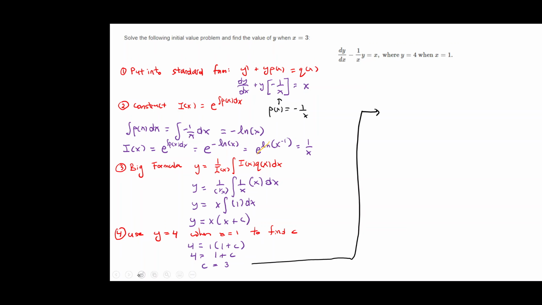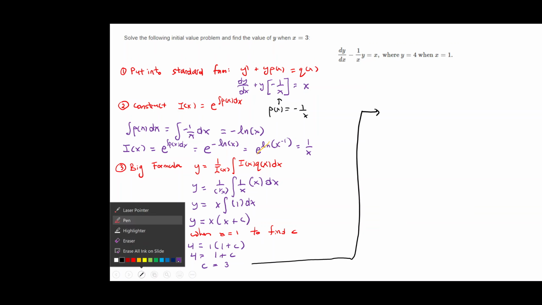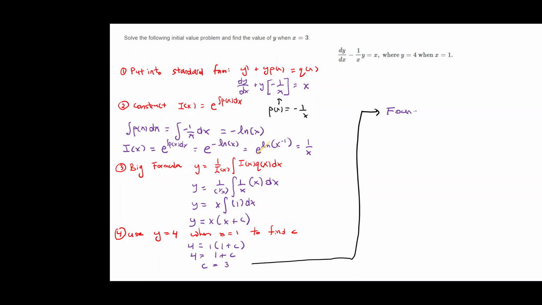I'm running out of space, so I'm going to continue over here. And then we found y is equal to x times (x plus 3). That's our solution. Now, step 5, find y evaluated at 3.